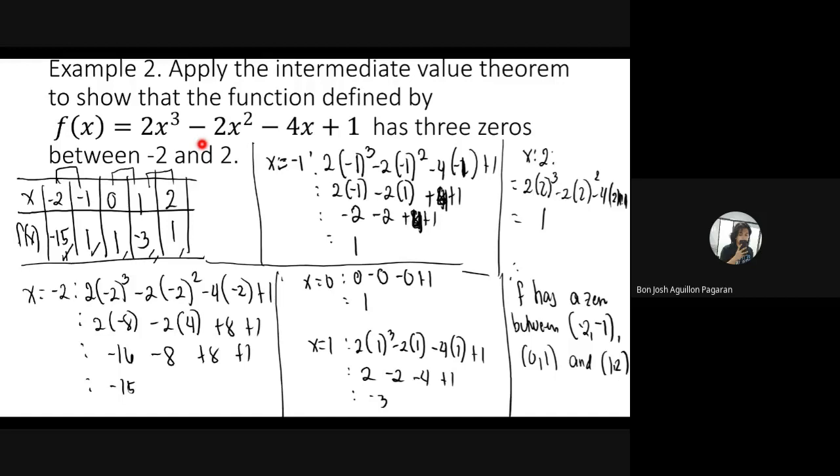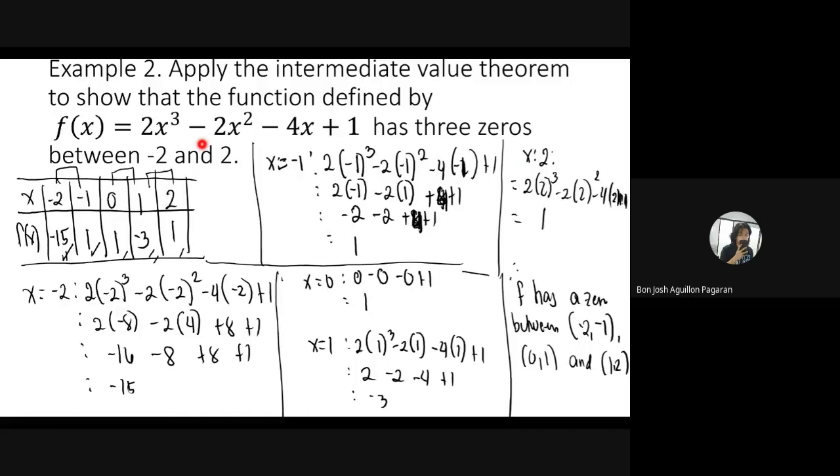If you're going to get the exact zeros, then you can do it using graphing. Mas madali ba siya kasi magsa-substitute ka lang. Kapag hindi po siya alternate ang sign, then wala kang makikitang zero in between that interval.